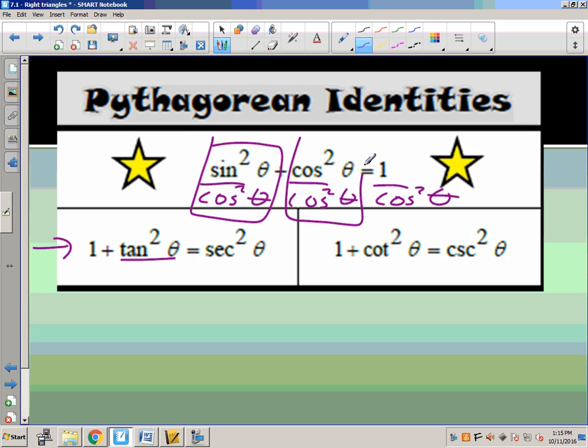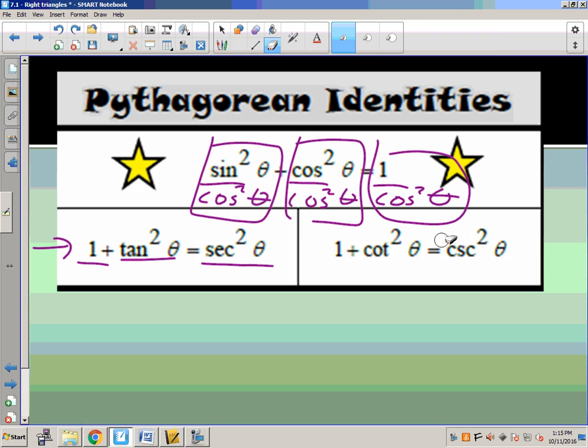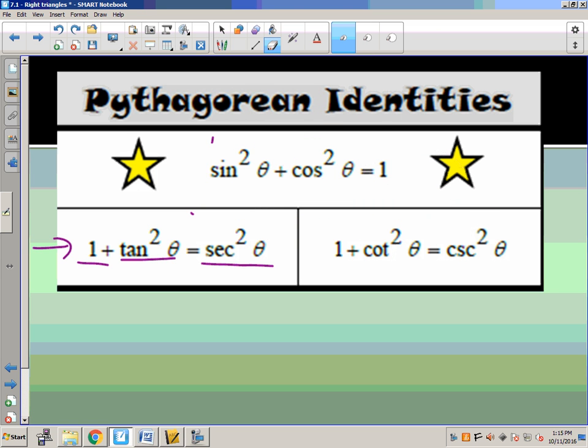And cosine over cosine is 1, and 1 over cosine is secant. That's easy, right? If you know this one, divide through by cosine, you get this one. And if you divide through by sine, you'll get the other one. So the nice thing is, as long as you remember that sine squared plus cosine squared equals 1, you can always get the other 2. And these, again, you're going to use these lots, a whole bunch.